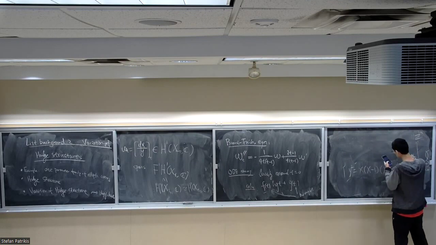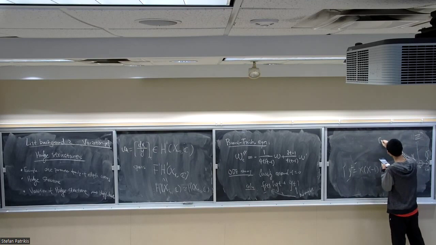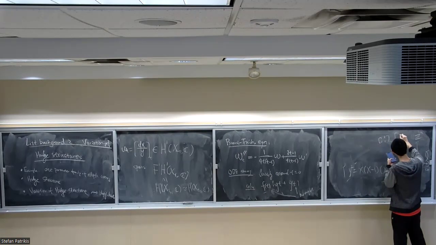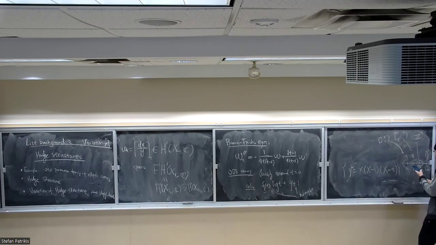So the local monodromy matrix here is 1, 2, 0, 1. At the second point it is 1, 0, negative 2, 1. And at the last point it's going to be sort of a compensation, taking the inverse, and is 1, negative 2, 2, negative 3.